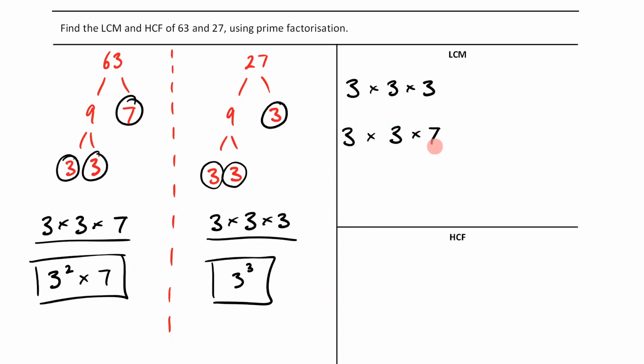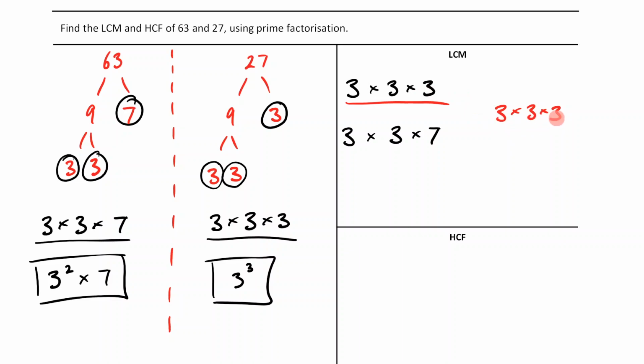Now remember for your LCM, you're going to take all the different primes, and when you have them common, you take the one with the higher number. So for instance, I have 3. Here I have two 3s. Here I have three 3s. So that means I take the three 3s, because I have more of them.